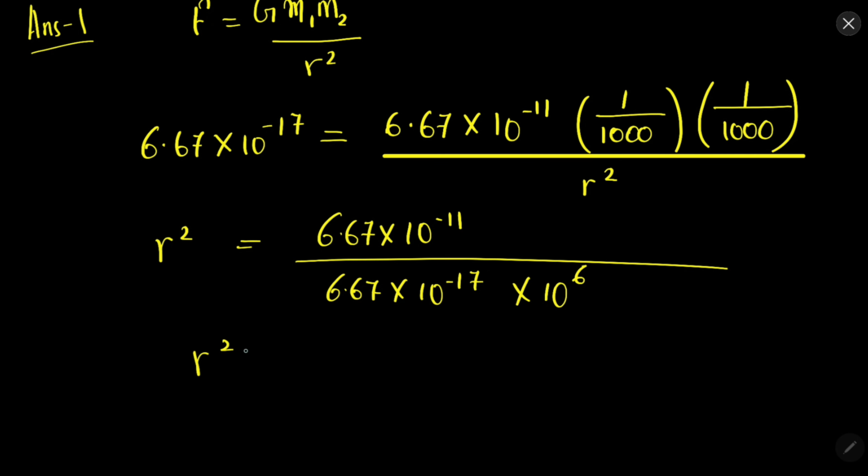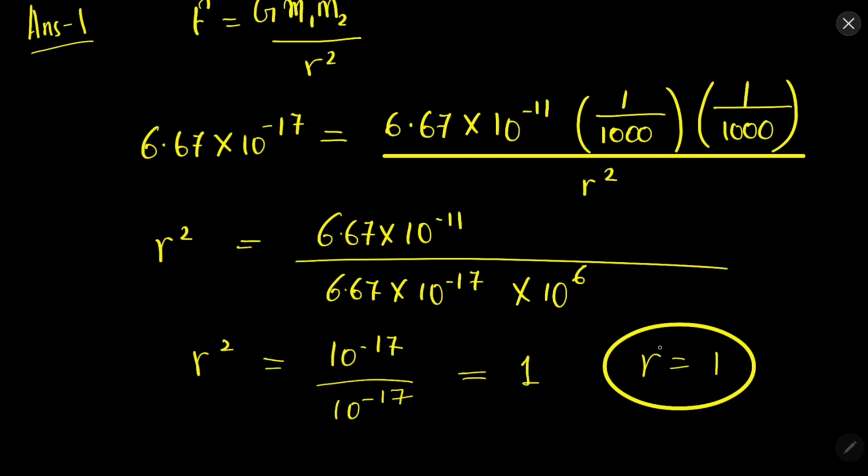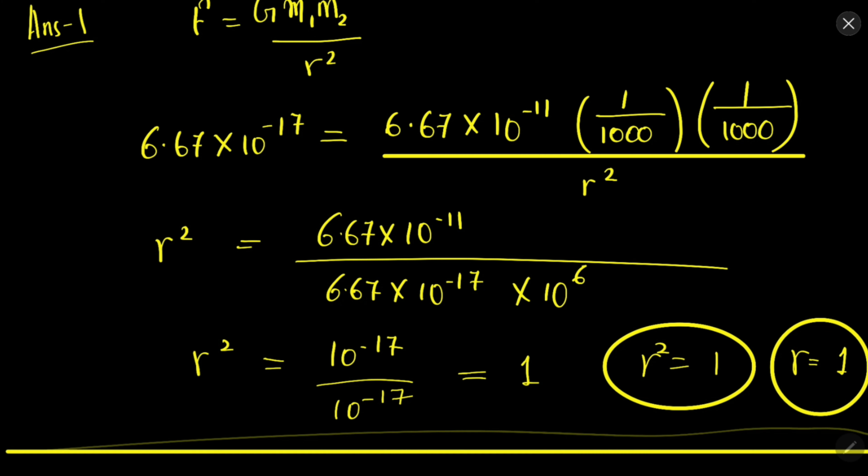Once you solve this you will get 10 to the power minus 17 upon 10 to the power minus 17, so this will give you 1. R square is 1, so R will come out to be plus or minus 1, but the distance is not negative, so we will say R is 1 meter. So the particles are separated by 1 meter.